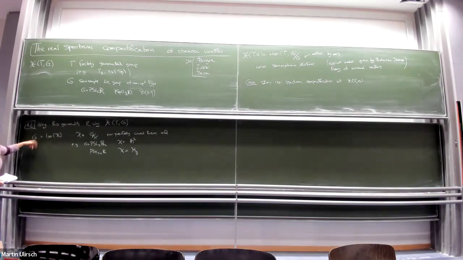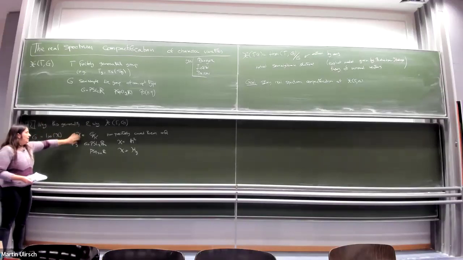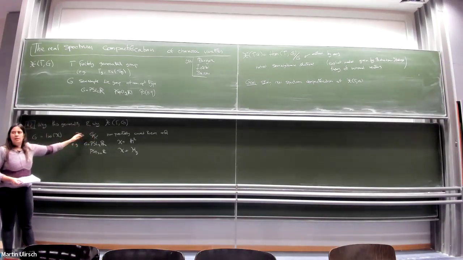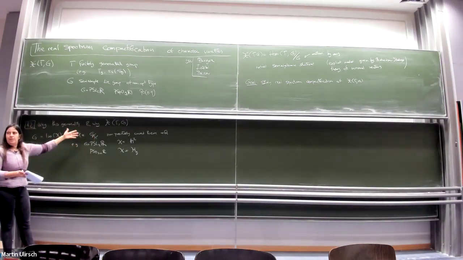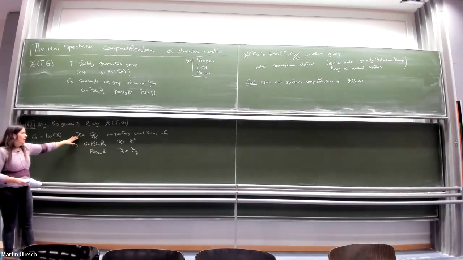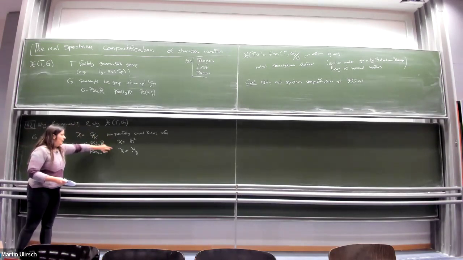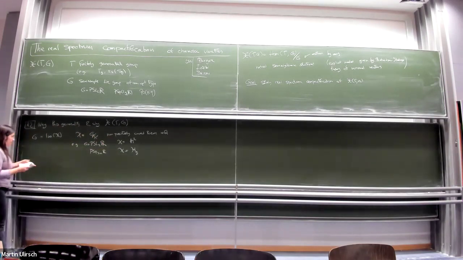And G acts on this space by isometry. And actually, what will play a role later is that X can be endowed with many different distance functions that are all equivalent but measure things with different time formats. You will see it a little bit later.